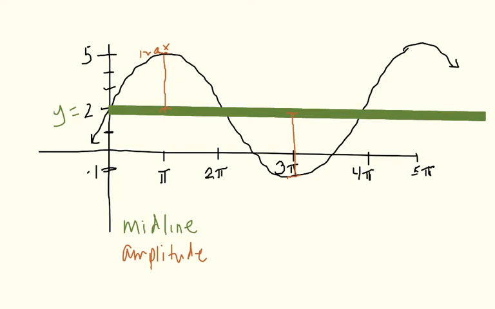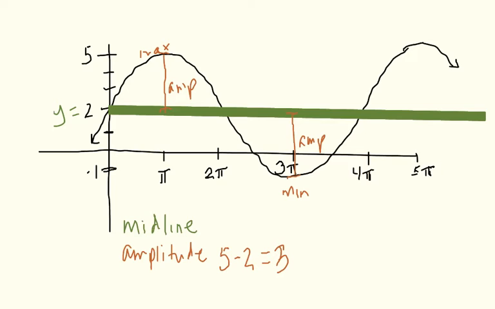That distance is what we call amplitude. So it's kind of the building block, with the foundation being the midline. In this example, 5 minus 2, the 5 of the max minus the 2 of the midline, is 3, and our amplitude is 3.